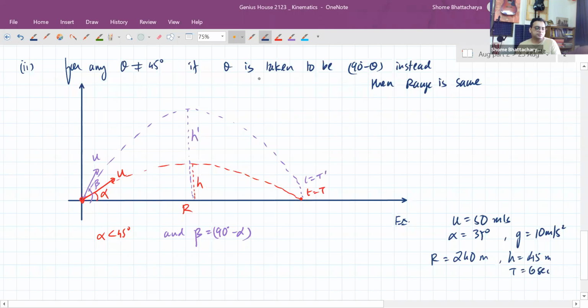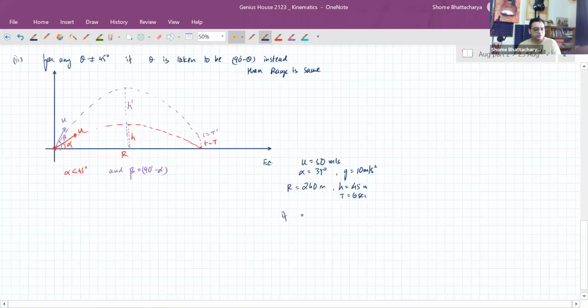But for the same speed of projection, if we change the angle of projection, theta is equal to 90 minus alpha, or in this case 53 degrees, then you'll see that the range remains equal at 240 meters, even though the height will change, because now your vertical uy has become 40 instead of 30.